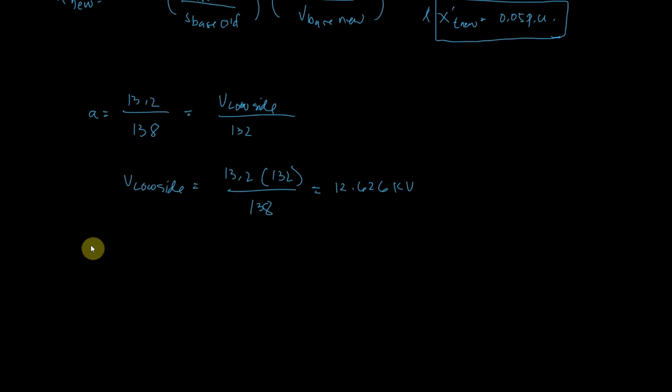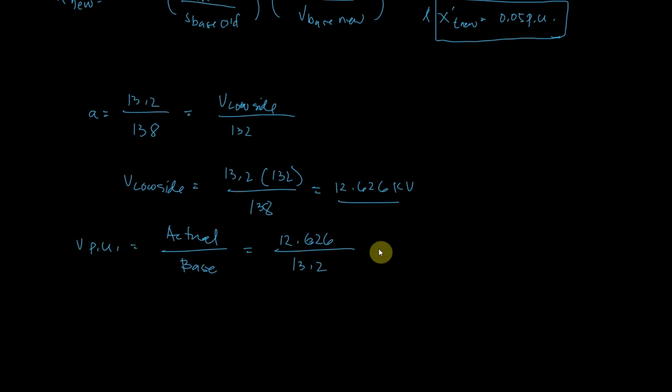Pero dahil ang ating per unit voltage is equal to actual divided by base. Okay? So ang magiging actual natin is ito sa low side, 12.626 divided by yung ating base is 13.2.